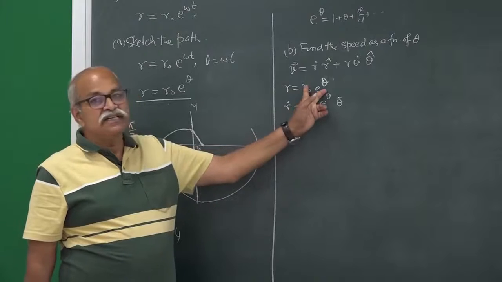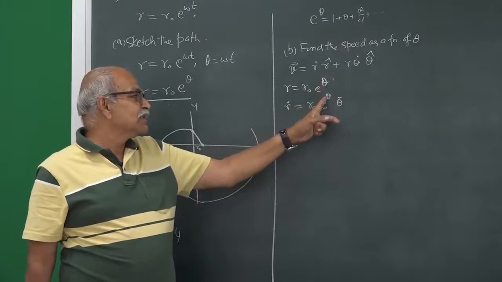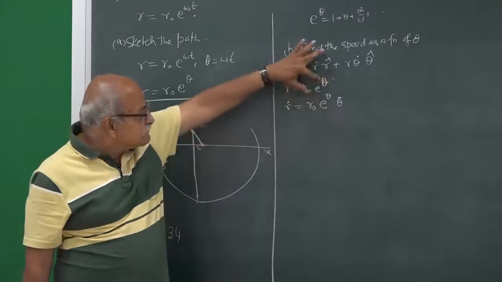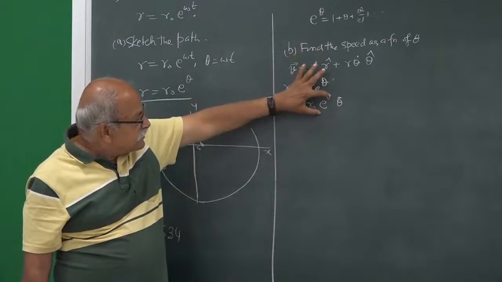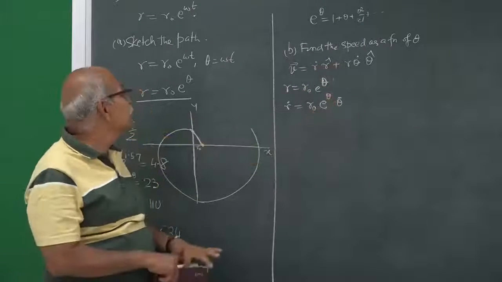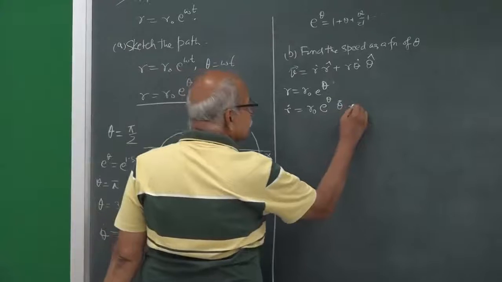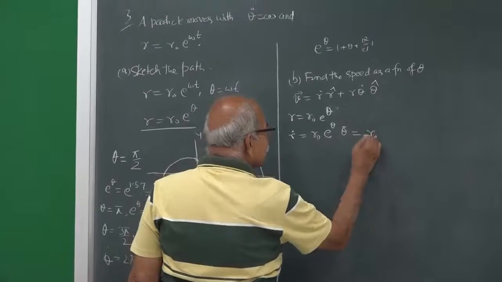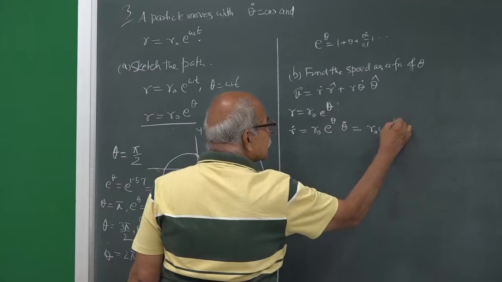First differentiate with respect to theta, because it is written as a function of theta, and then differentiate theta with respect to time. Theta dot is known, theta dot is fixed, omega. So, this is r naught times omega times e to the power theta.